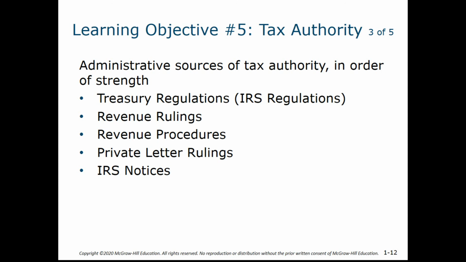These are IRS sources that are listed in order of strength. So IRS notices would have the least strength. Again, this would only come up if, for a particular taxpayer, you have a tax situation where you might have conflicting guidance from the IRS. And you take the highest form of guidance that speaks to your issue, that is to say, the guidance with the greatest strength.